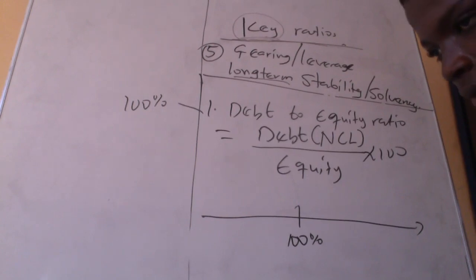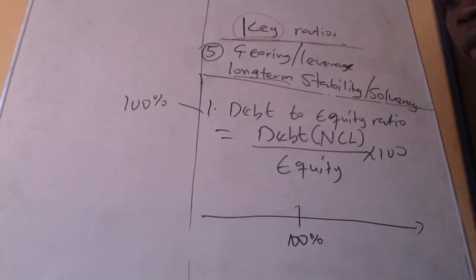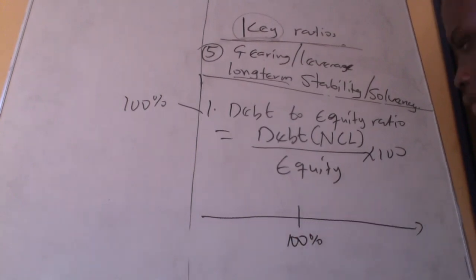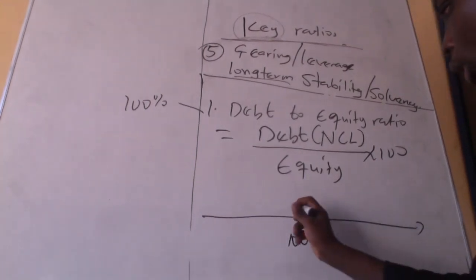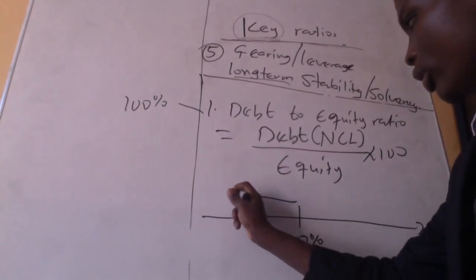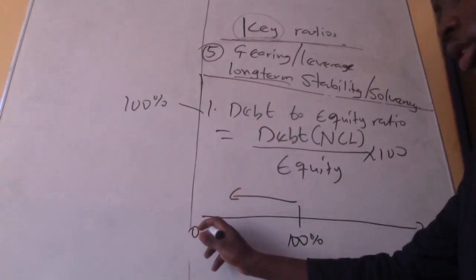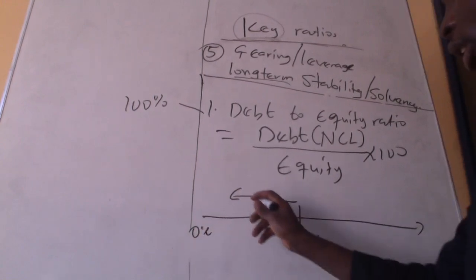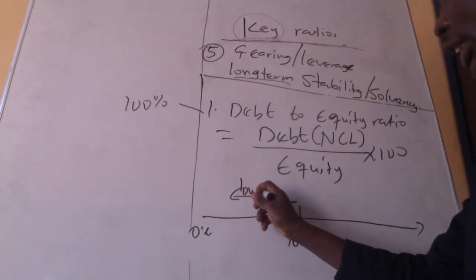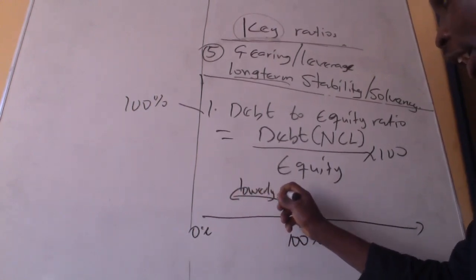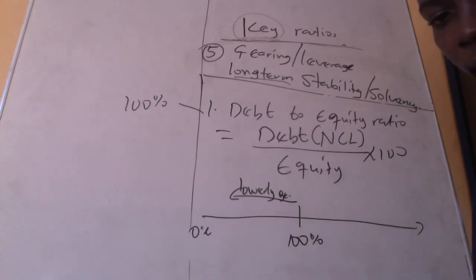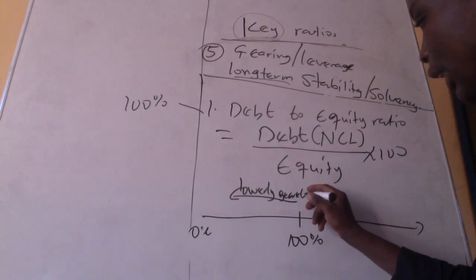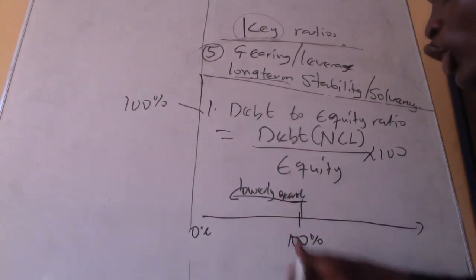So take note, it means that they are in a 50-50 ratio. Now below 100, in between 0% and 100, it is lowly geared. Oh yes, you have debt. Once you have debt, you are geared, but your gearing level is low.